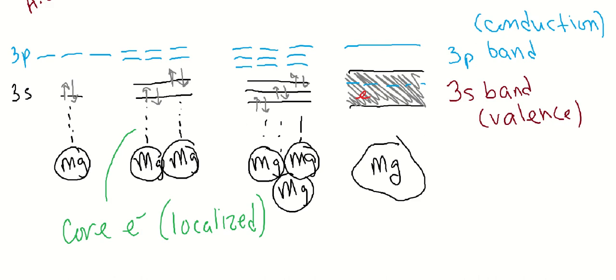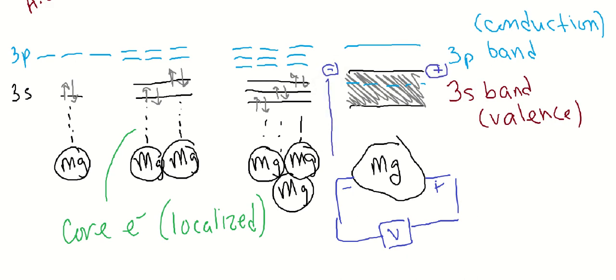So if you connect this thing and apply some electromagnetic force, say you've got a battery here, a negative terminal here, a positive terminal here, these electrons in here have room to move.